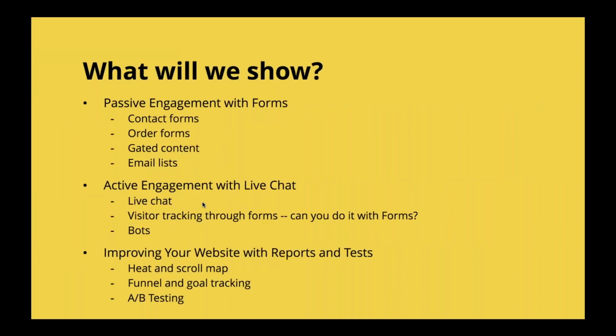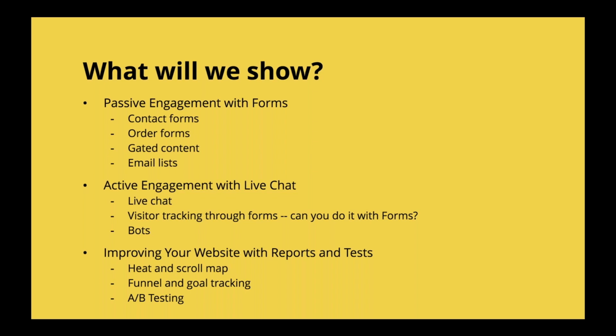So what will I be showing? I want to talk a bit about a few different things, and I've kind of grouped them up in such a way as to kind of organize them to show some of the flexibility we have here. So we'll talk a bit about how we can get kind of passive engagement on our website using forms.